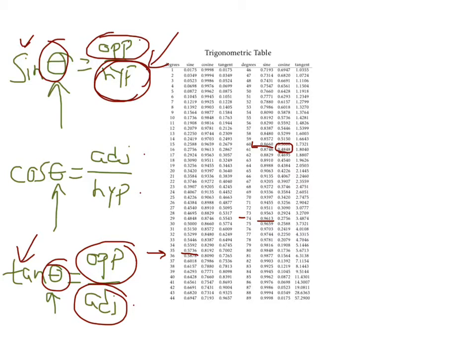But what I have to make sure that I'm doing is I'm asking for the value from the right column, which means I need to use the right side values when I do this. Now, on your calculator, when you do this, you're going to use second, and then you're going to hit sine, cosine, or tangent, depending on what sides you need.